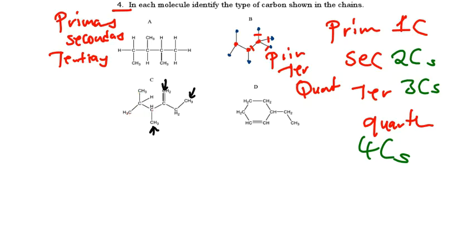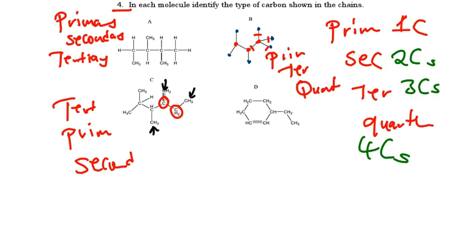So I have tertiary and primary identified already. Then this one, that's still tertiary, connected to 3 other carbons. This one is still tertiary. This one is secondary. So there's no quaternary on the C.